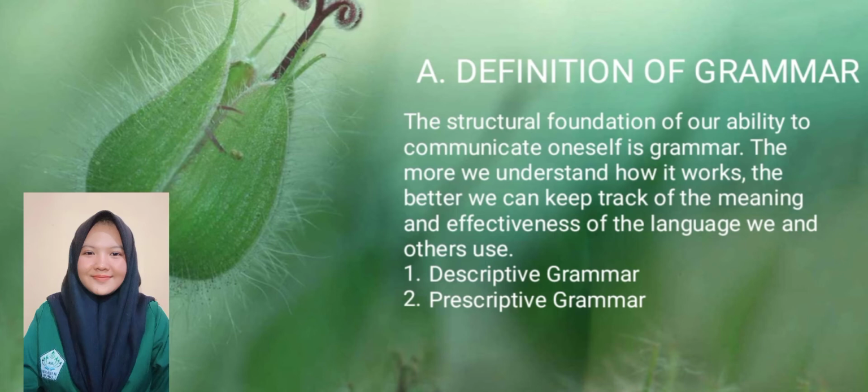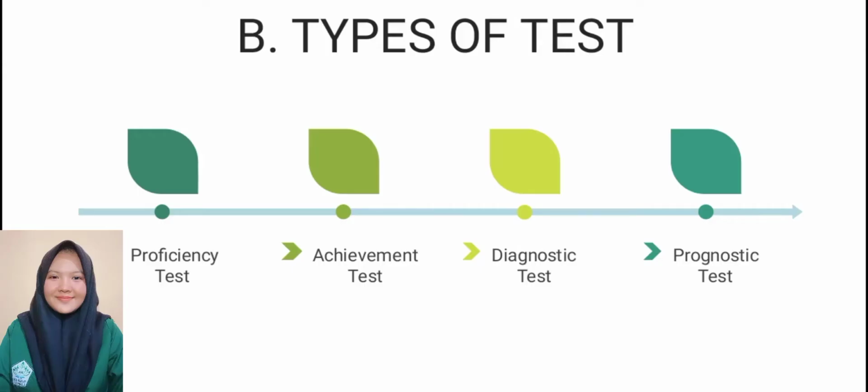Linguistic specialists in descriptive grammar research the patterns that govern human usage of words, phrases, clauses, and sentences. Prescriptive grammarians, on the other hand, such as most editors and teachers, put forth guidelines for what they consider to be proper or incorrect language use.